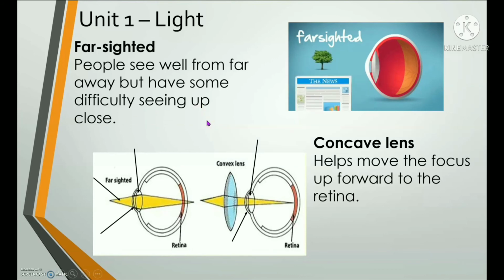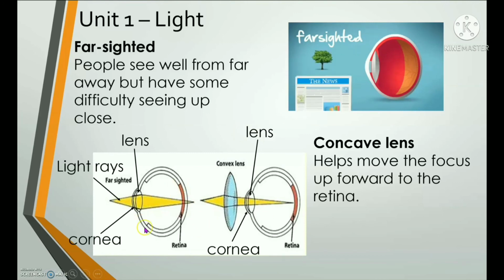So farsighted people, they see well far away. So let's say that this tree is far away. They can see it clearly. But when they're reading the newspaper just in front of their face, it is blurry, or they cannot see well in front of them. Okay, now let's see the picture again.